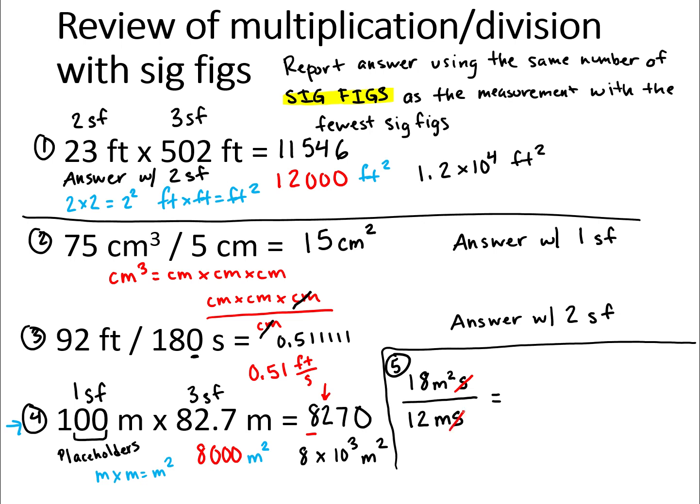As far as the units, we can cancel out the seconds. We can also get rid of the meters on the bottom. We still have 1 meters at the top. Both of these measurements have 2 sig figs, so our answer should have 2 sig figs.